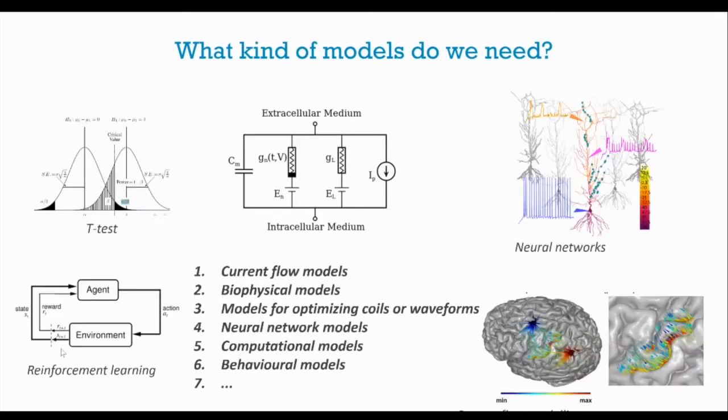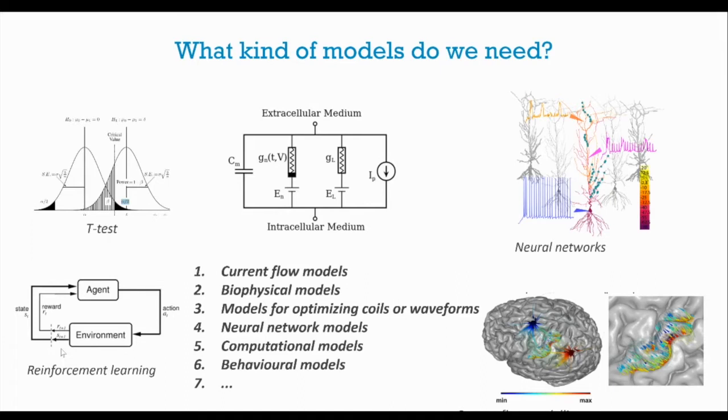So, models to choose from and categories of models. Many of you will be familiar with current flow models that try to predict where we are actually stimulating and which regions are targeted given specific protocols, say a tDCS montage or TMS applied over a certain region with a specific TMS coil.